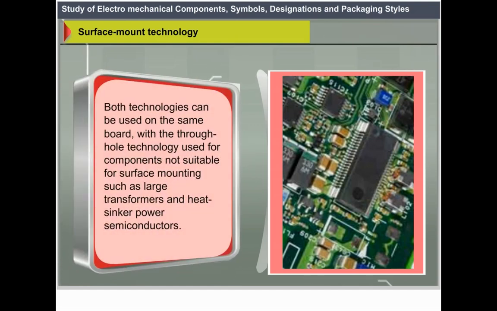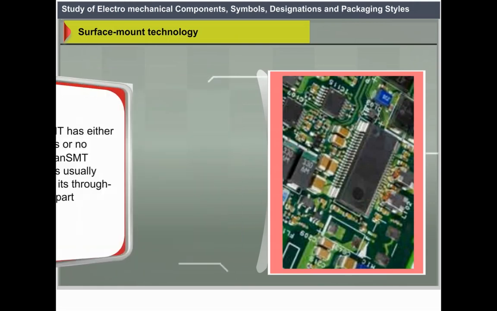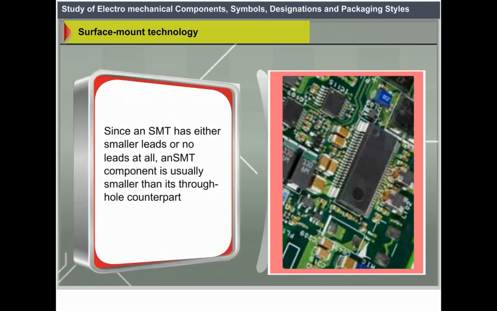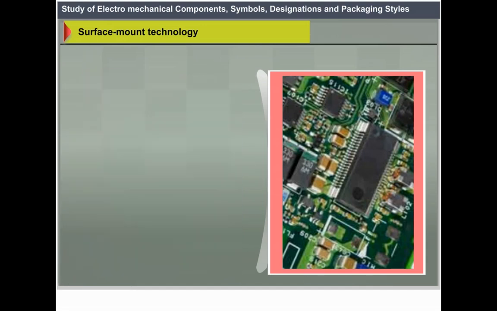Both technologies can be used on the same board, with the through-hole technology used for components not suitable for surface mounting, such as large transformers and heat-sinked power semiconductors. An SMD component is usually smaller than its through-hole counterpart because it has either smaller leads or no leads at all.